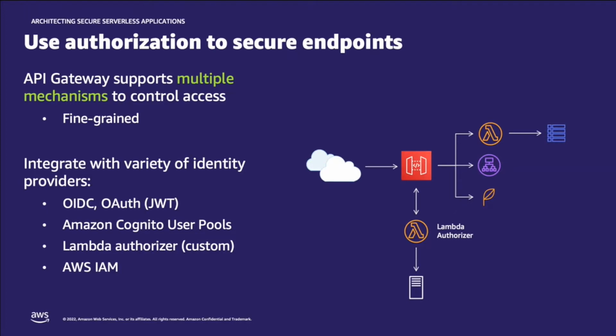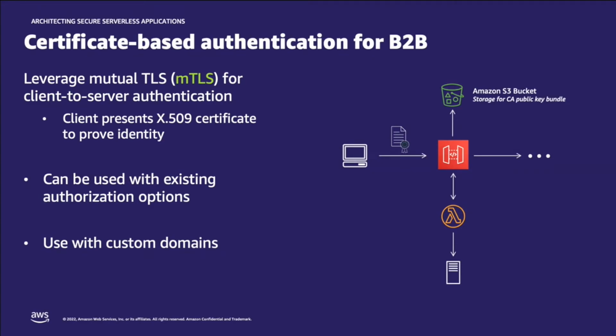On top of that, it's really important to remember that API gateway supports mTLS, which is mutual TLS. Basically with that, it helps you to minimize the cost or operational overhead required to manage and scale a traditional reverse proxy fleet for terminating mutual TLS connections.